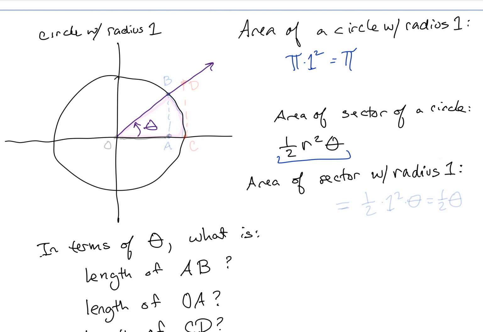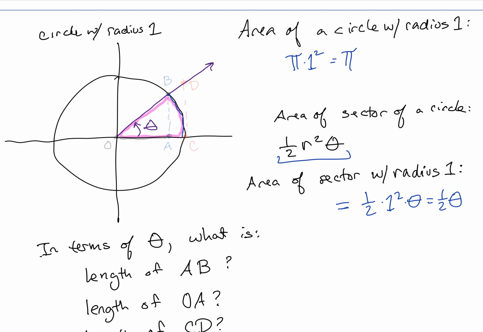In our case, because the radius is equal to 1, the area of a sector with angle theta will be 1/2 times 1 squared times theta. 1 squared is just 1 again, so that's just 1/2 theta. That's the area of this sector, this slice of the pie. Let's color in that pie slice so that we know what we're talking about. The area of that sector is going to be 1/2 theta.